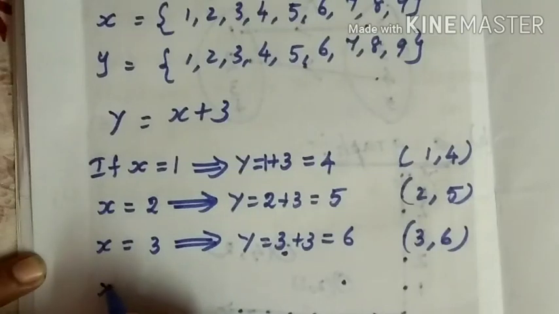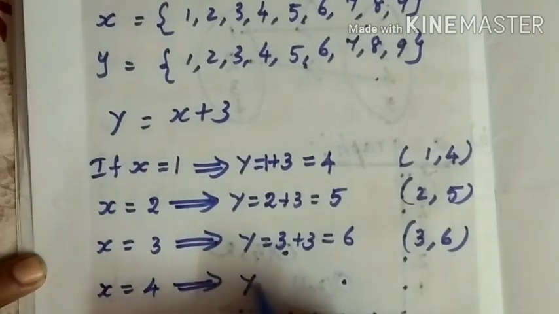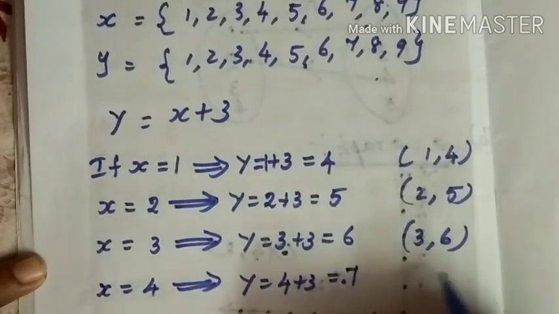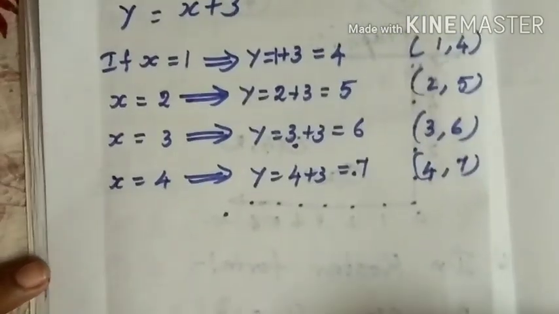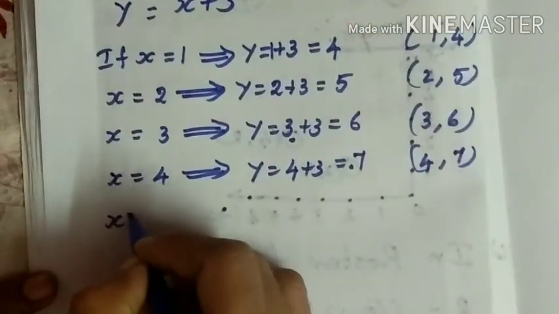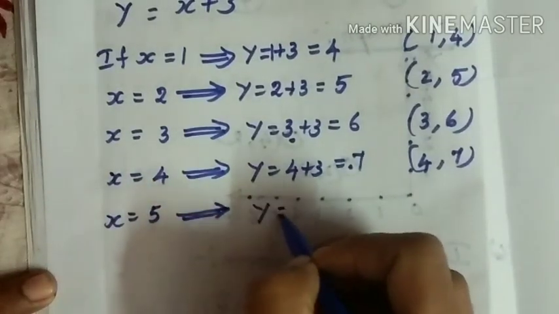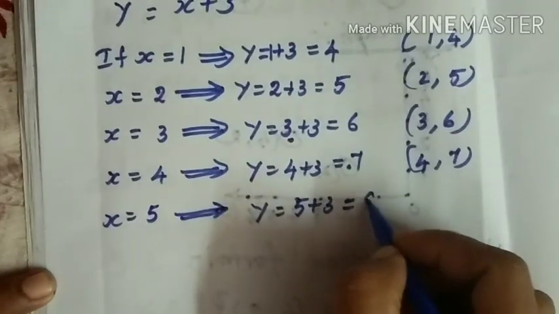Then if x equals 4, then y equals 4 plus 3 equals 7. That is (4, 7), one of the ordered pairs. Then x equals 5, y equals 5 plus 3 equals 8.